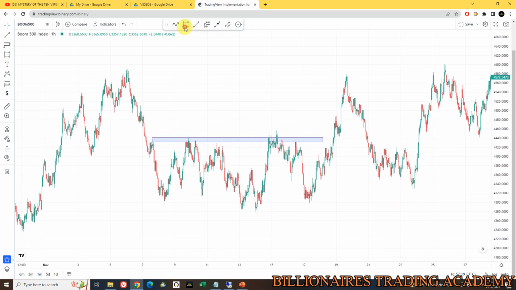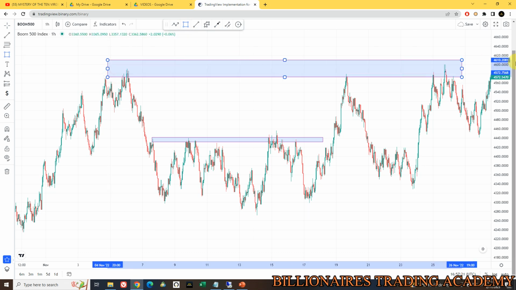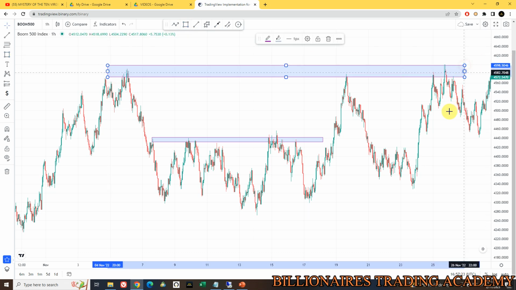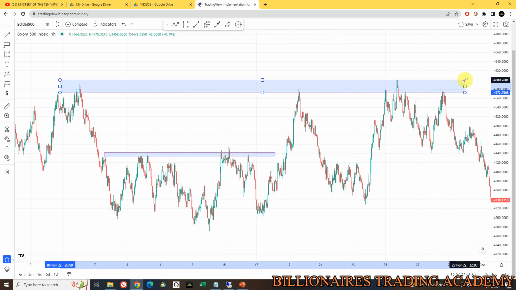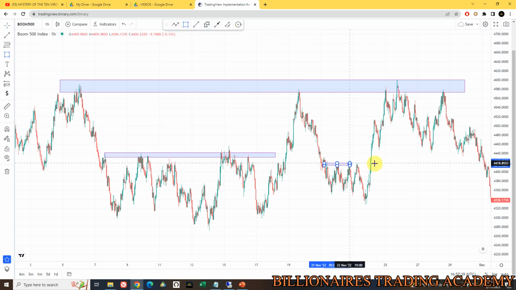So for example, like this one, we have an outer resistance zone and then an inner one. So inner, then outer. You can have an outer support and resistance zone, and then inside you can still have minor ones. For example, even these are minor zones, right? Minor, right?